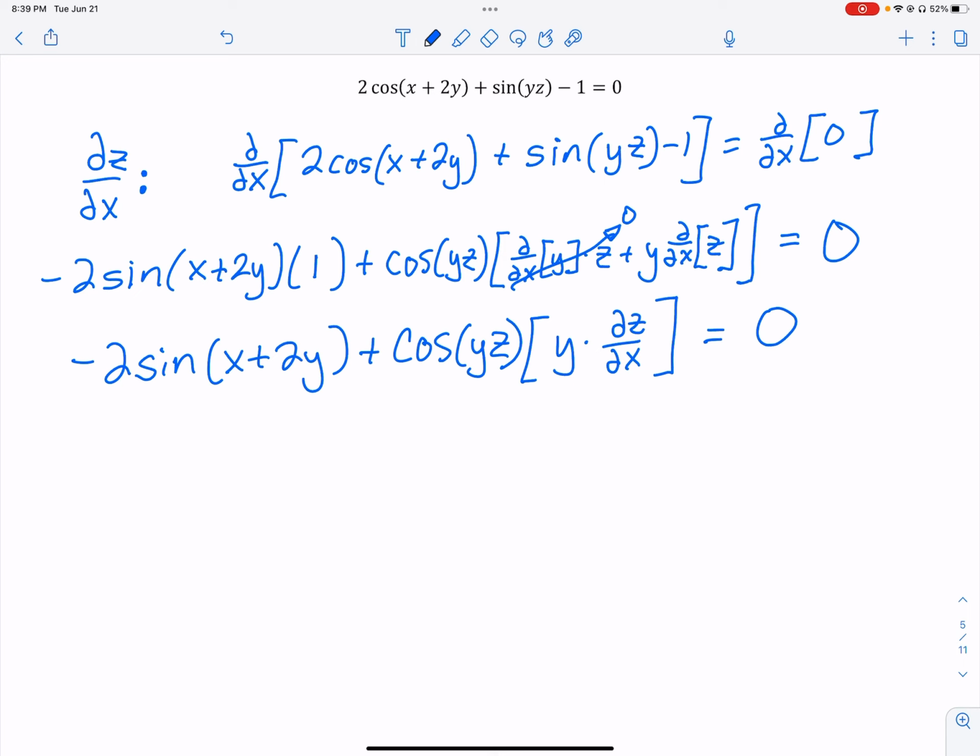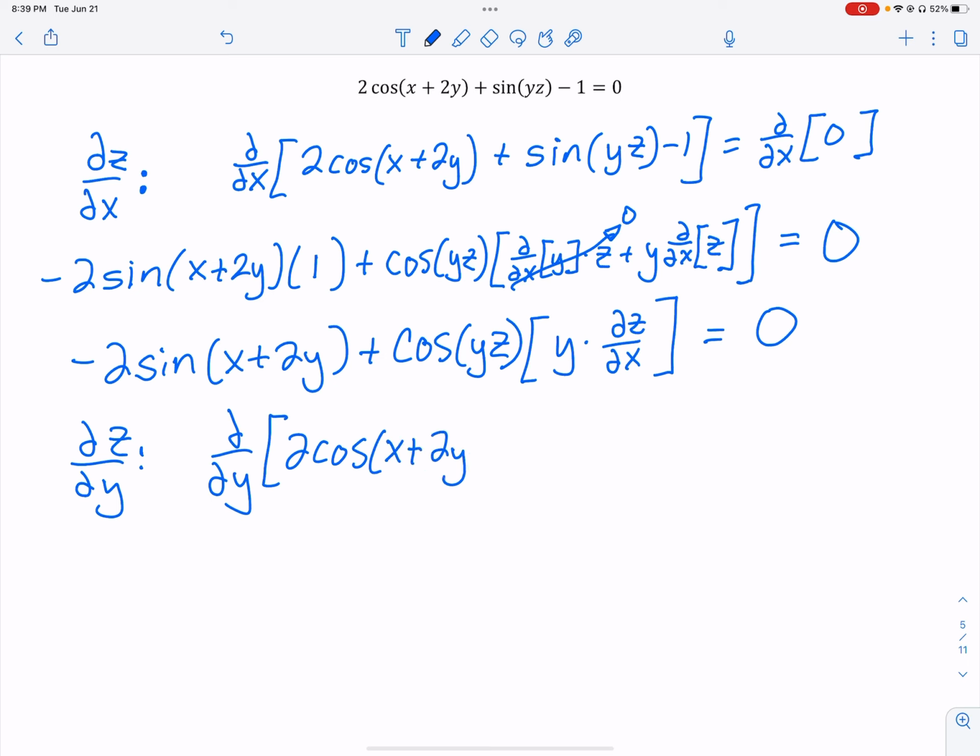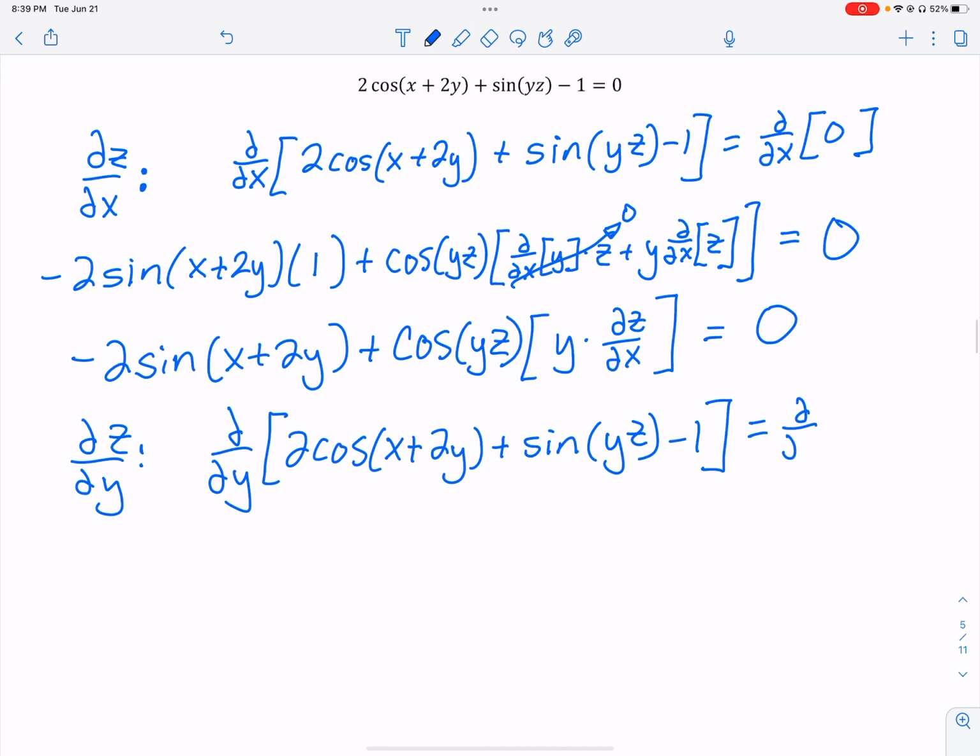We could solve. All right, let's do the partial of z with respect to y. So I do the partial with respect to y on both sides. We're just doing setup only. You would keep going, solving down for the partial of z with respect to x on that last problem. Then we have yz minus 1 equals 0. And then we want the partial derivative with respect to y of 0.